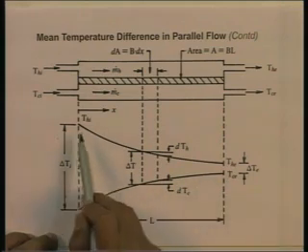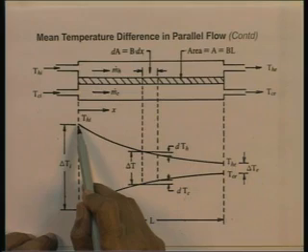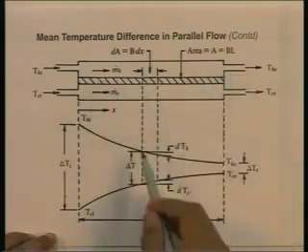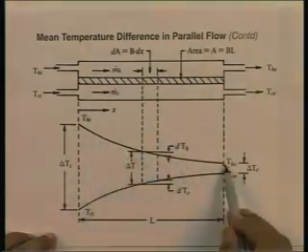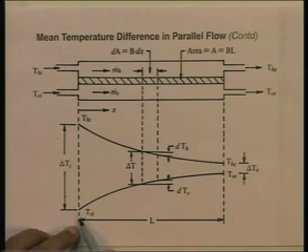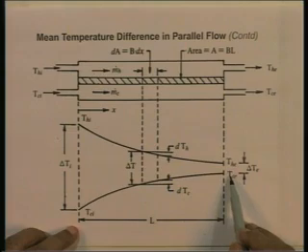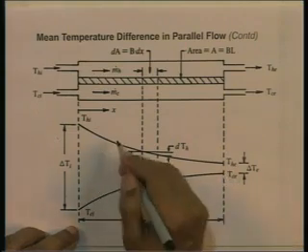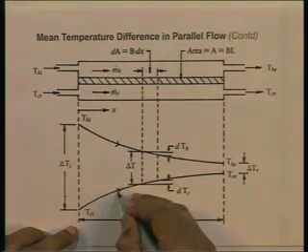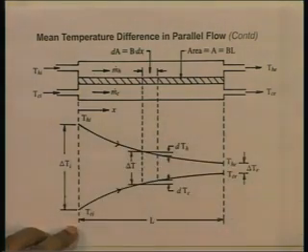On the hot side, the fluid is entering with the temperature Thi, and as it goes along the length of the heat exchanger, it is giving up heat and reducing in temperature to a value The. On the cold side, the fluid is entering with the temperature Tci, and as it goes along the length of the heat exchanger, it is increasing in temperature to a value Tce at the exit. Let me put arrows to show the flow directions.